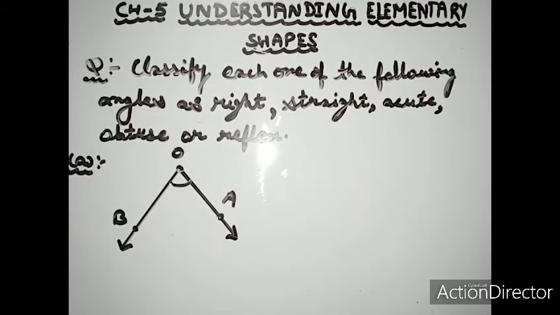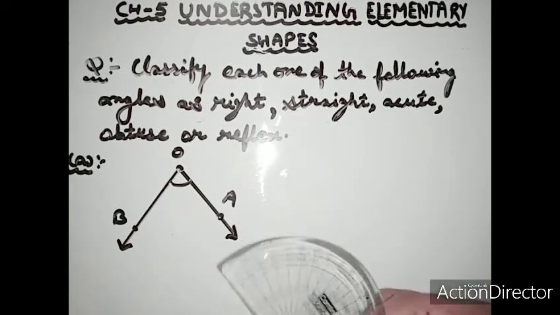If this angle is formed between 90 degrees and 180 degrees, this angle is known as an obtuse angle. And if this angle is formed between 180 degrees and 360 degrees, this angle is known as a reflex angle, right? Now here we measure this angle by using this protractor.